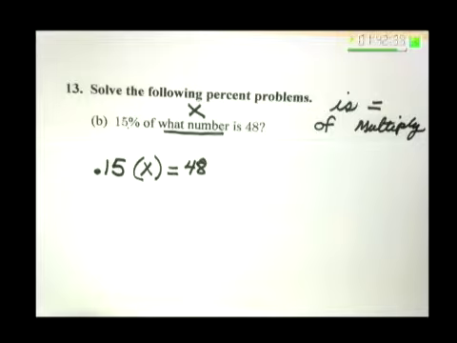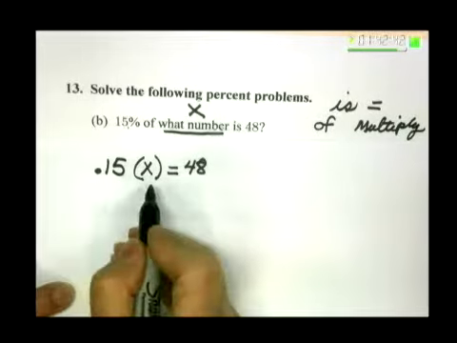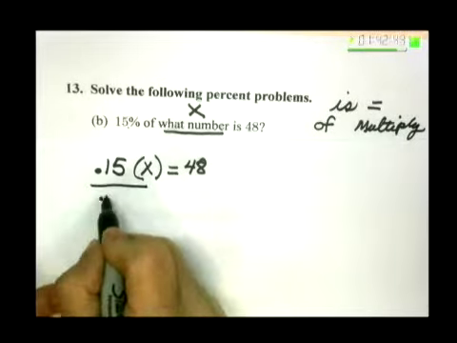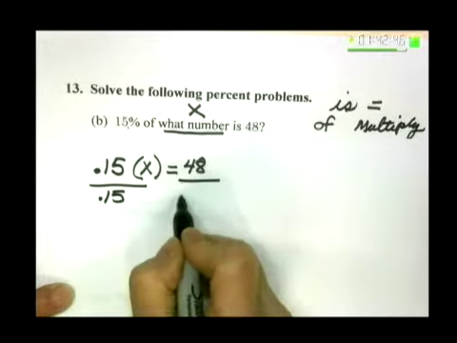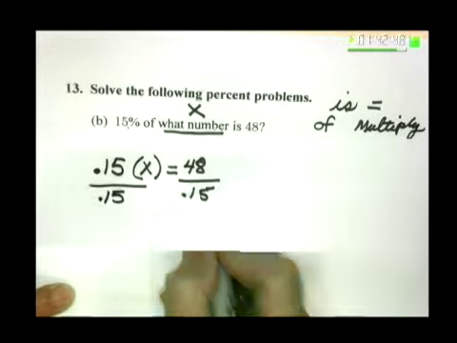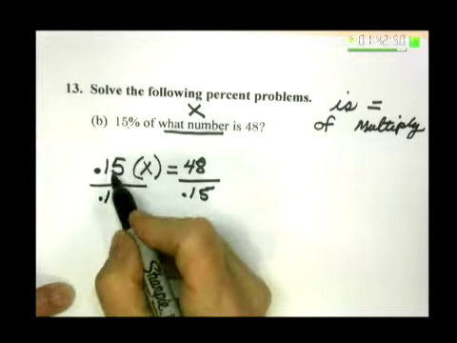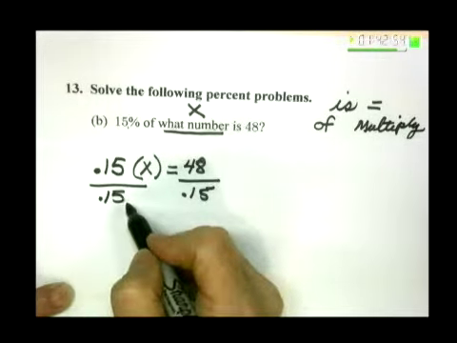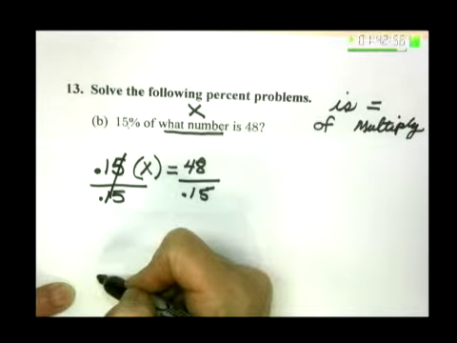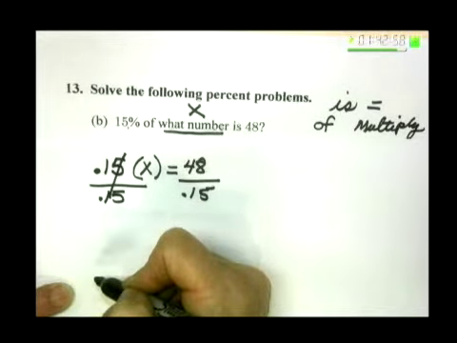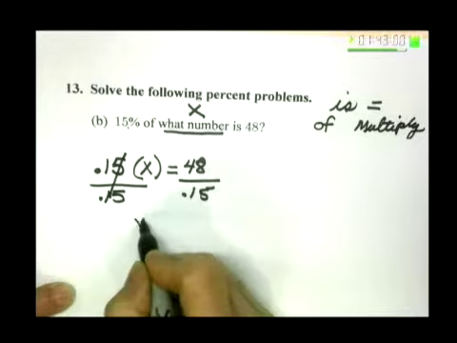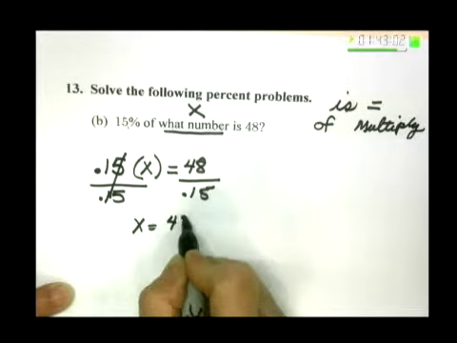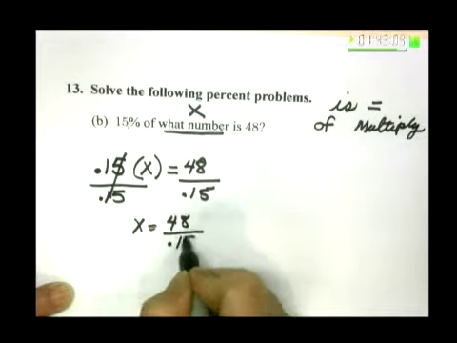So I want to solve this equation for X. What do I have to do to both sides of my equation? Divide by 0.15. And 0.15 divided by 0.15 is the number 1. Any number divided by itself is 1 except 0. And I get X is equal to 48 divided by 0.15.